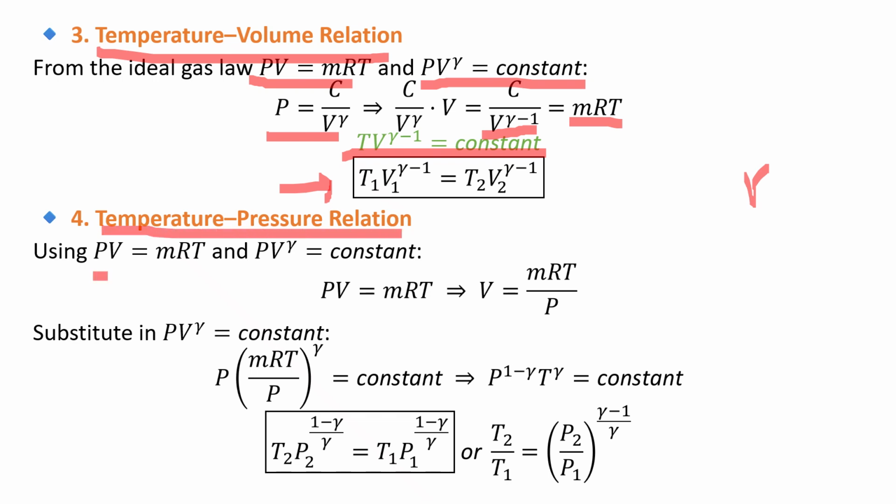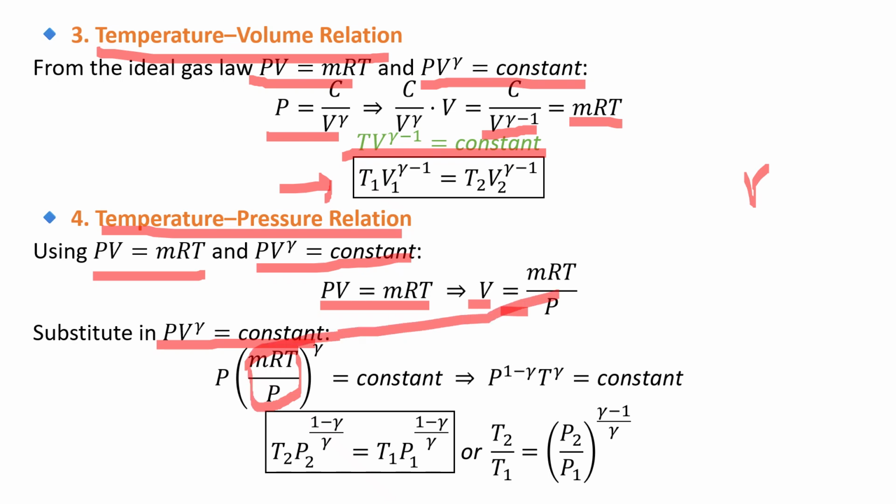What is the relationship between the temperature and pressure? PV equals mRT, and PV raised to gamma is constant. In PV equals mRT, we can rewrite volume V as mRT by P, and we know that PV raised to gamma is constant. So instead of V I can write mRT divided by P, raised to gamma, is constant.